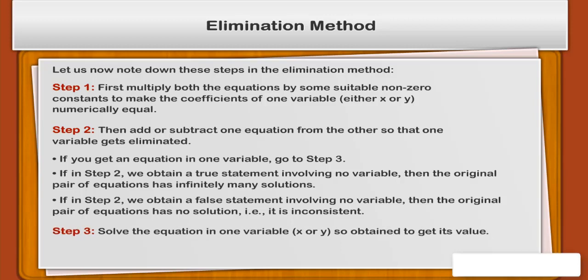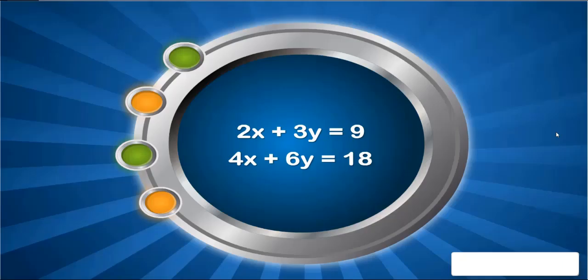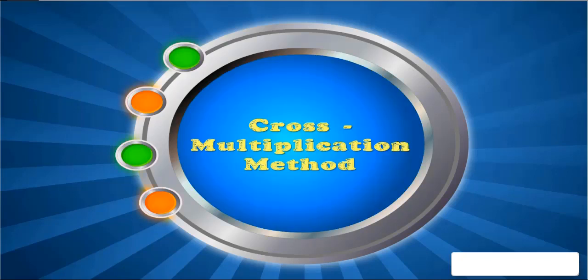Step 3. Solve the equation in one variable, x or y, so obtained to get its value. Step 4. Substitute this value of x or y in either of the original equations to get the value of the other variable.